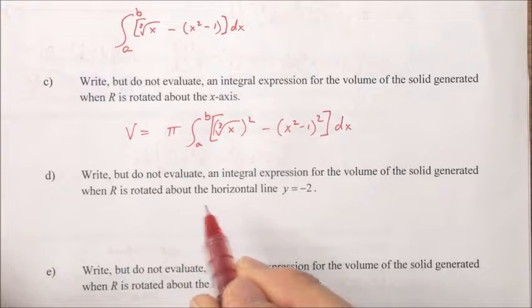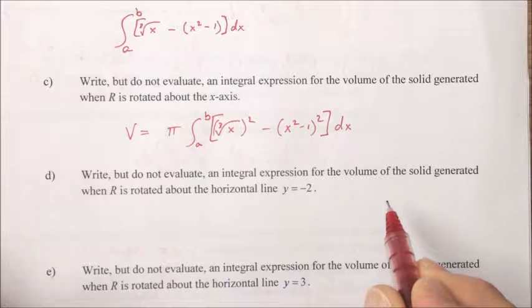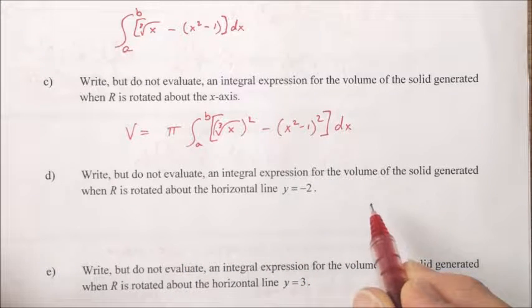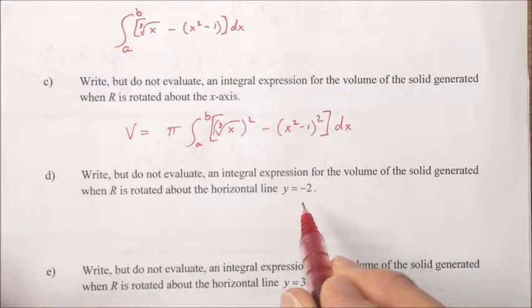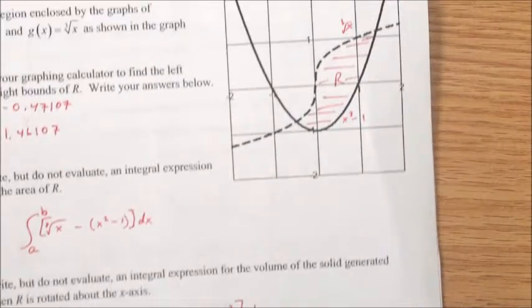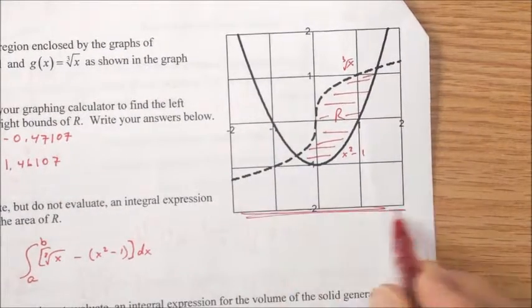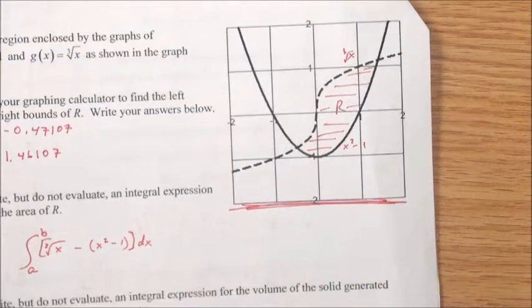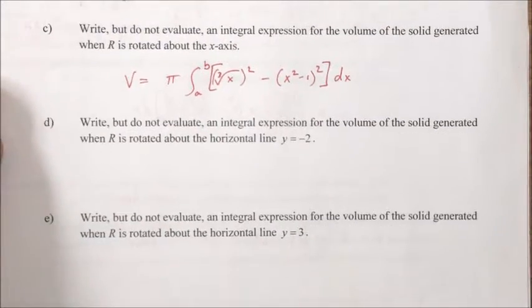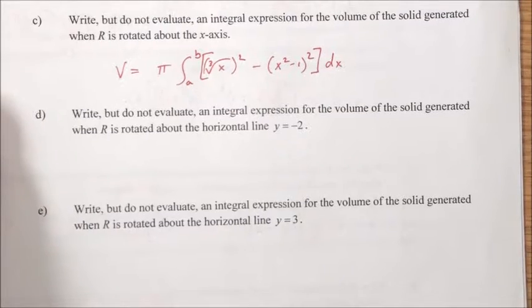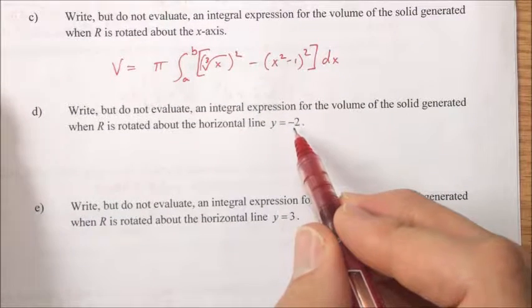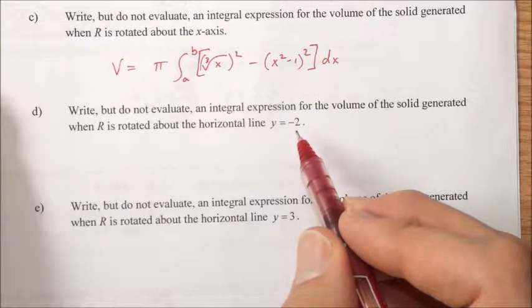Part D, write but do not evaluate an integral expression for the volume of the solid when R is rotated about the horizontal line y equals -2. Okay, back to our picture. y equals -2 is below the region, so therefore we are going to subtract -2, or add 2, to both parts.